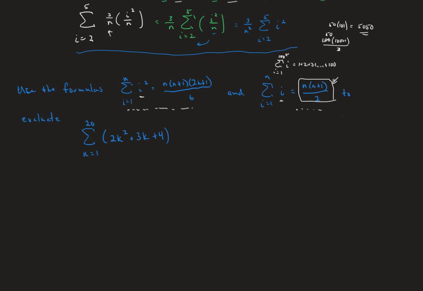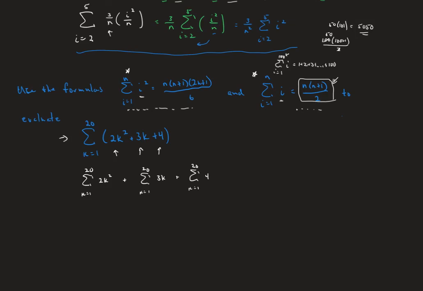Let's see how we're going to use these formulas here. So we can pick this summation apart a little bit, trying to find a way we can use these formulas. So here's what we can do. Because we have 3 separate terms that are being added, we can give them each their own summation. So we can call that the sum of the 2k squares, k going from 1 to 20, plus the sum k going from 1 to 20 of the 3k's, plus the sum k going from 1 to 20 of the 4's.